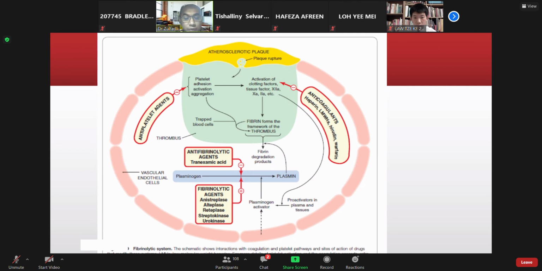Why do you need to know that? Because those anticoagulant and antiplatelet drugs are used to inhibit somewhere in the platelet formation cascade or blood coagulation cascade. All right, that's all from me.